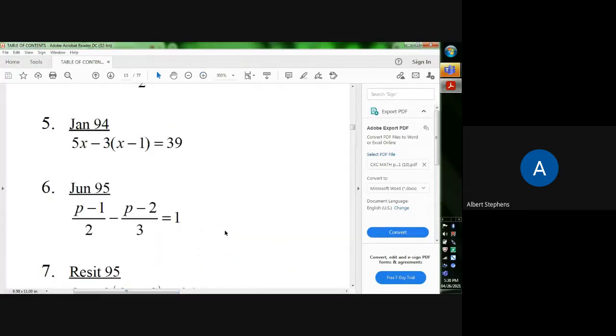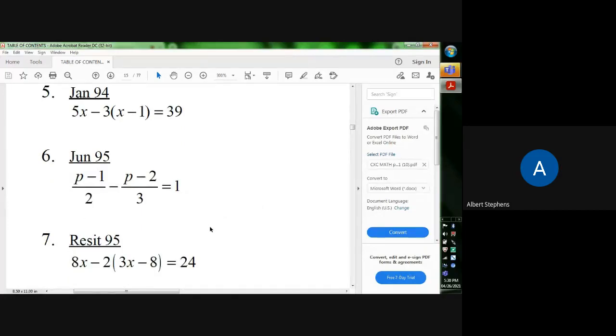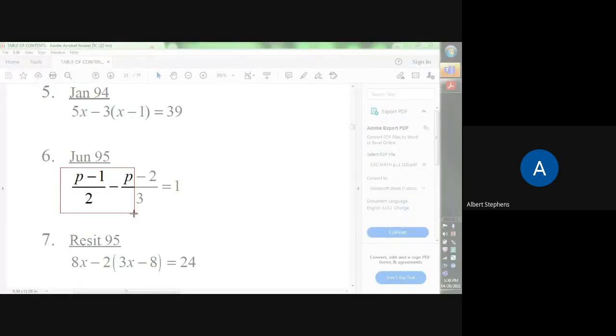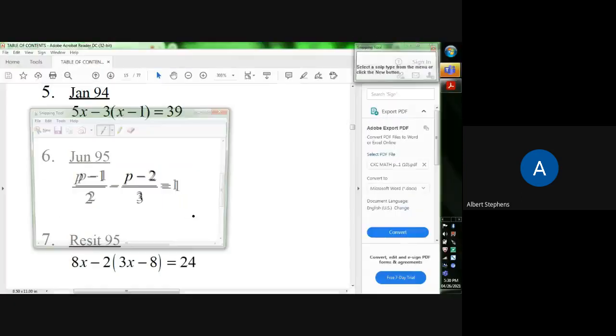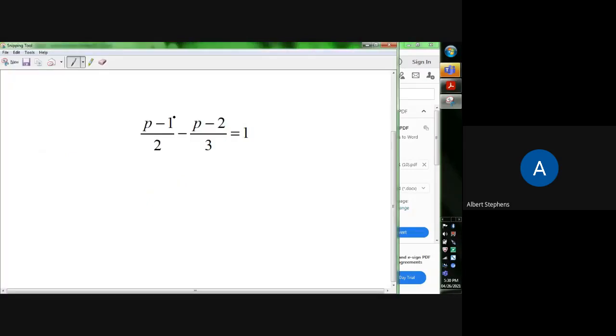Look at number 6. Look at this question here. This is something similar to what we did a while ago, isn't it? But can someone tell me the difference between this question and the one we did a while ago? What's the difference?